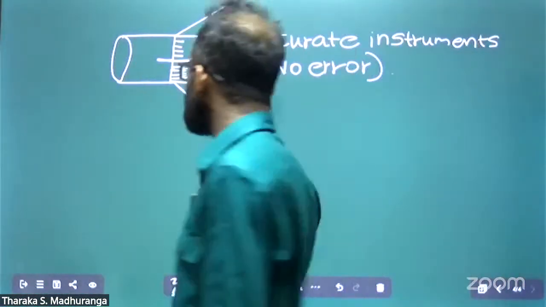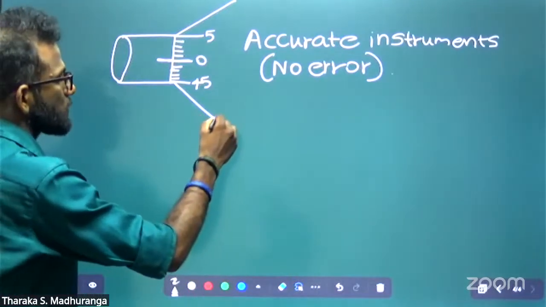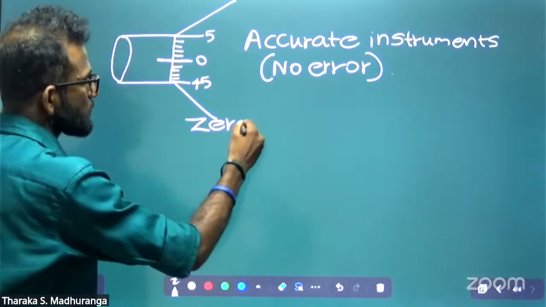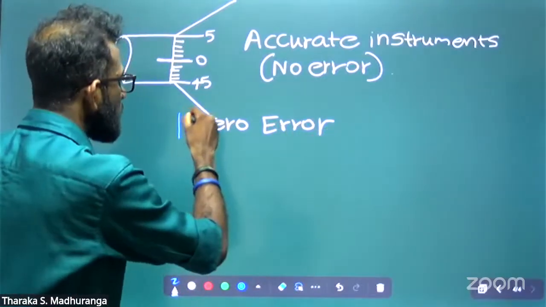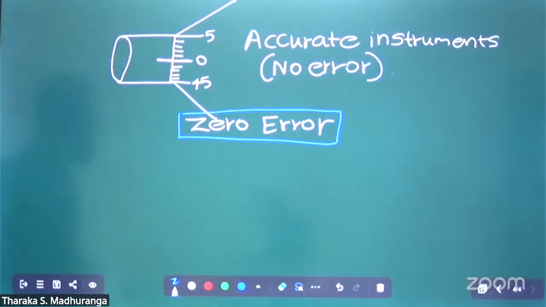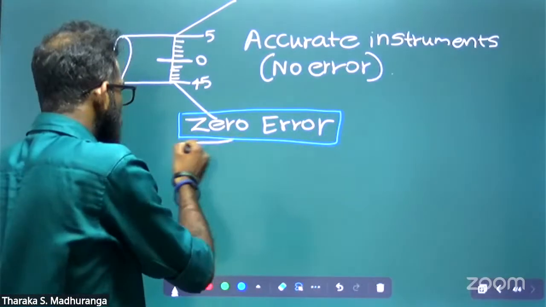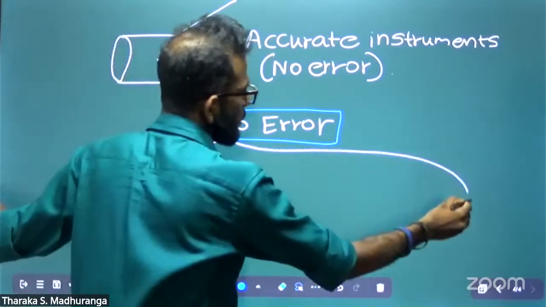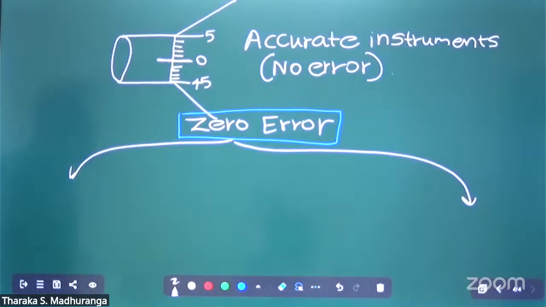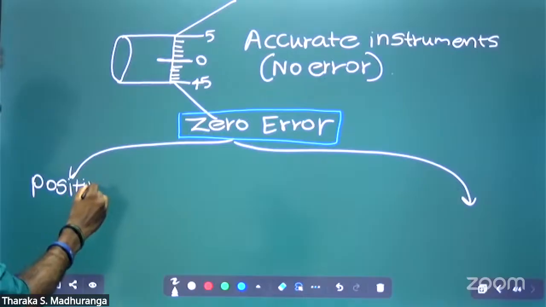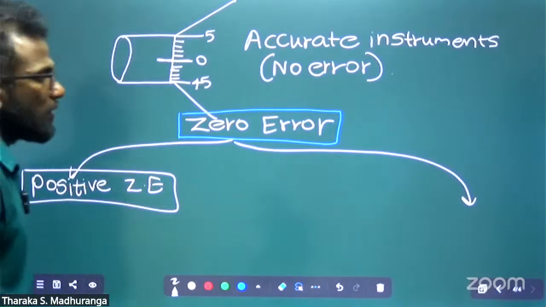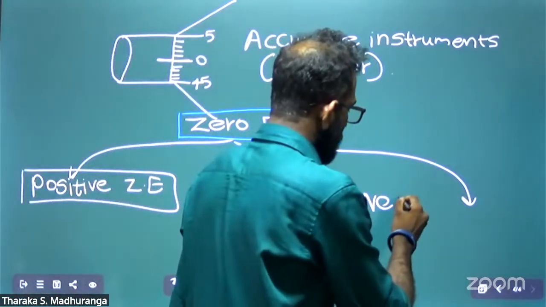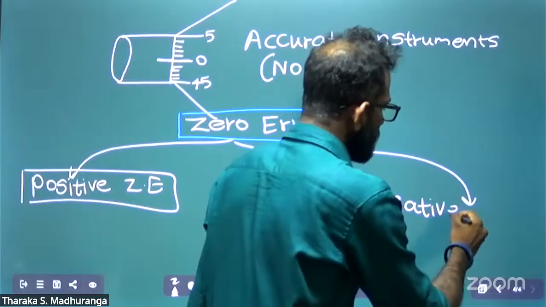But the zero error of the micrometer screw gauge is mainly of two types, as we discussed: positive zero error and negative zero error, same as the vernier caliper.